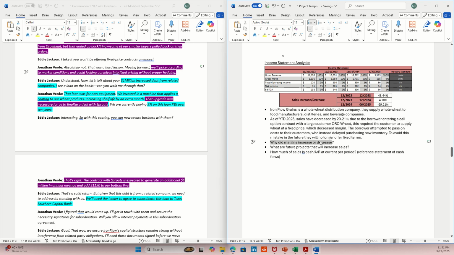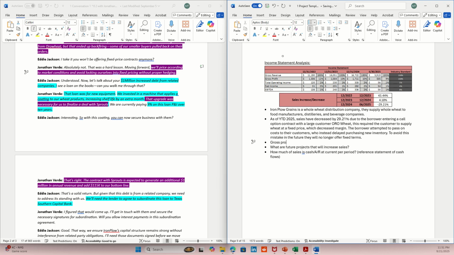Why did margins increase or decrease? So margins, gross profit remained relatively stable, right? We'll say in mine, gross profit remained relatively stable. 12%, 10%, 10%, 9%. But remember, we know why it decreased to 9% here, because they entered into that contract.